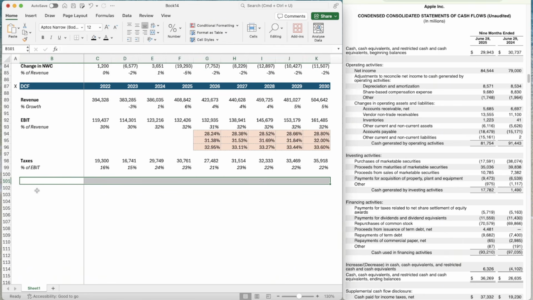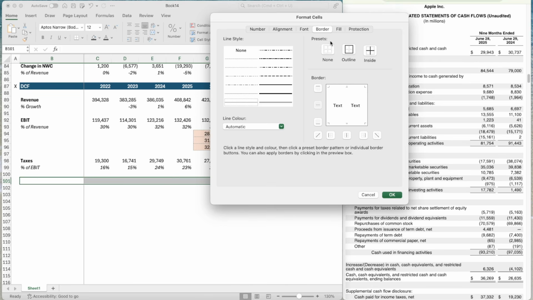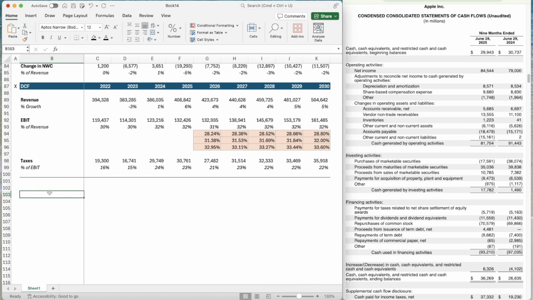Now under this, just draw a border. We're going to calculate the EBIT, which is your earnings before interest, but after tax. And that's quite simply your EBIT, and you subtract the taxes. Bold it, pull it along. There we go. Now we want DNA here.